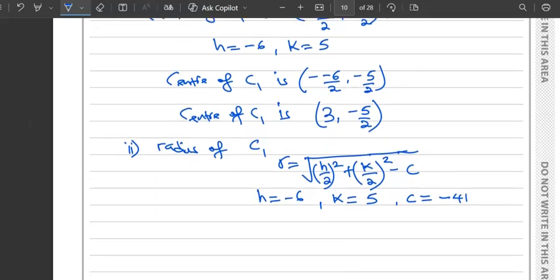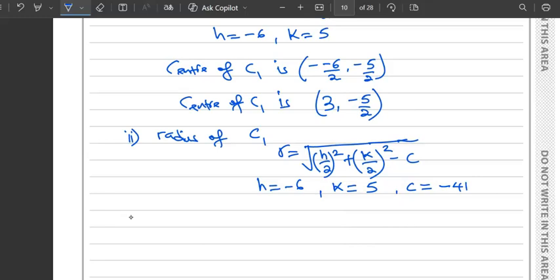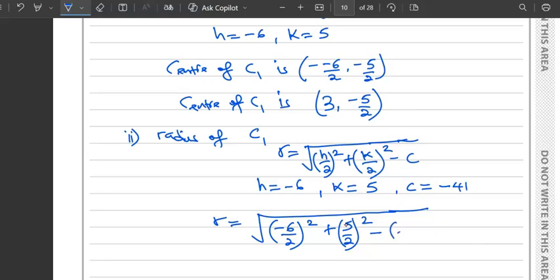Now when we substitute this back into the formula, the radius will equal the square root of negative 6 over 2 squared plus 5 over 2 squared minus negative 41.